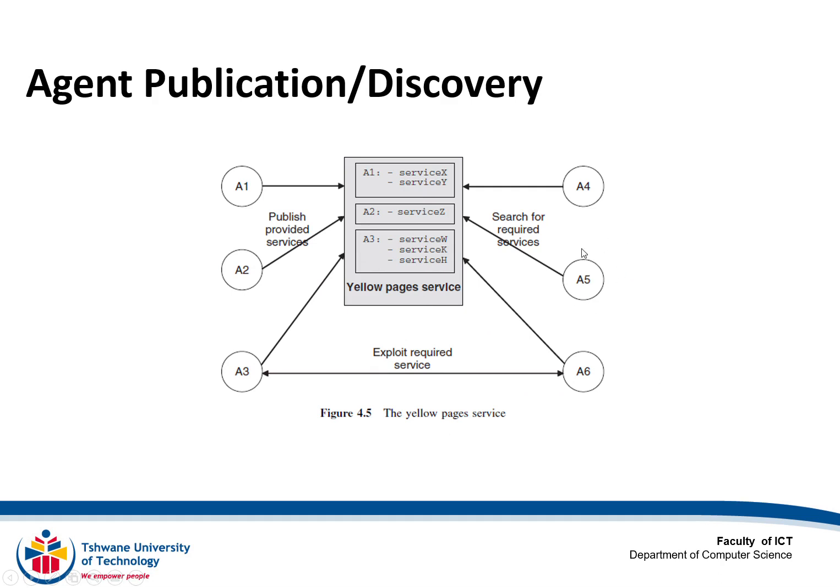Whereas agent 5 wants to check for services that are offered by agent 2, and the same for agent 4 wanting to use services offered by agent 1.